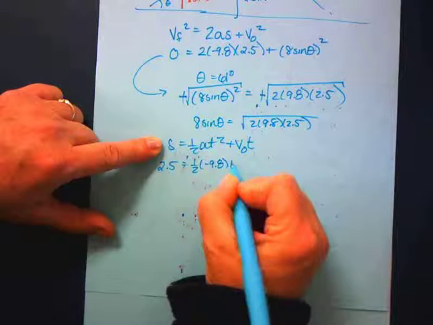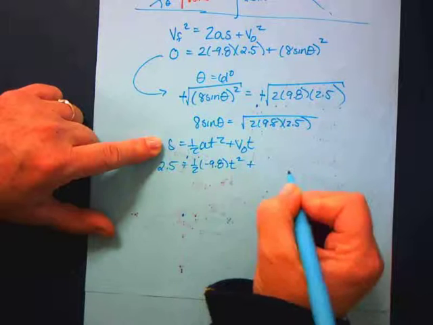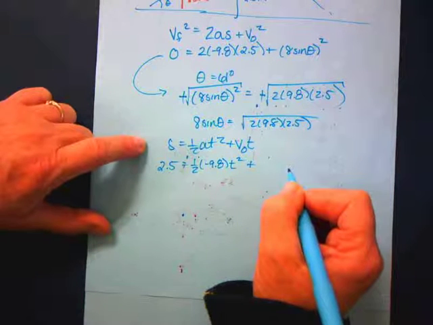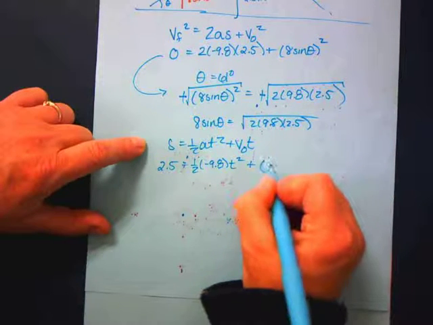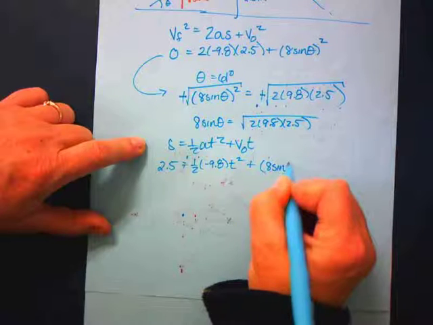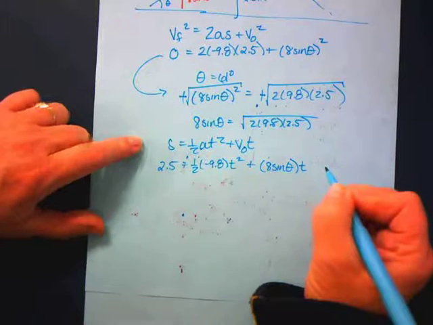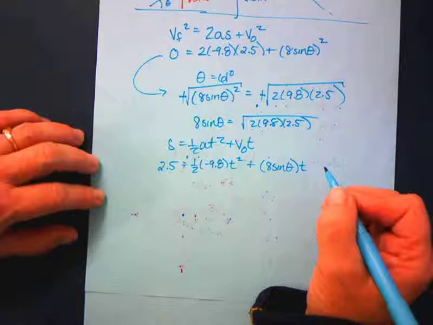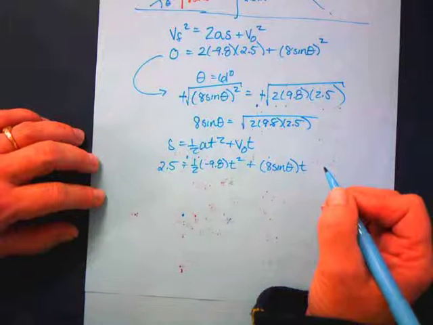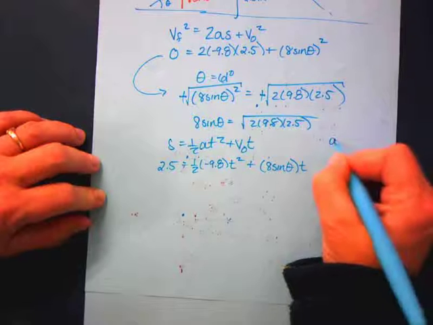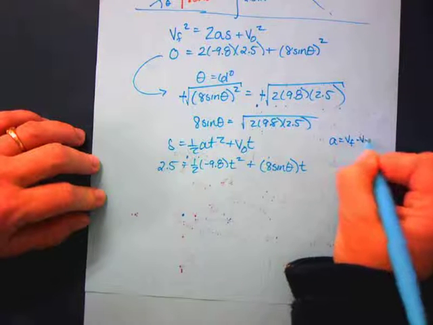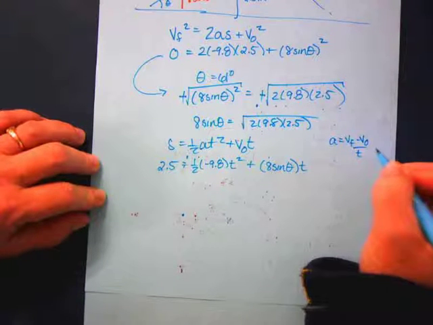Do we know time in the air? What's the initial velocity? Not just 8. So, yeah, I solved for time first, and then I solved for that. How'd you solve for time? The VF minus V0. Acceleration equals final minus initial over time?